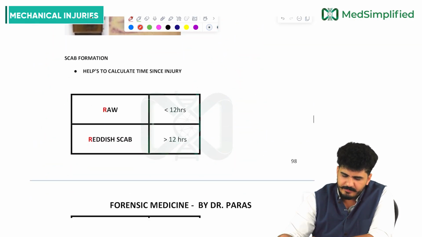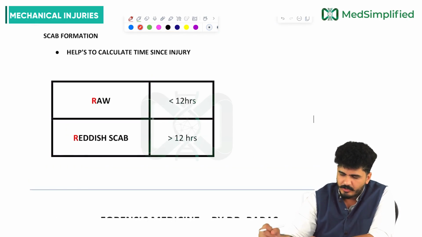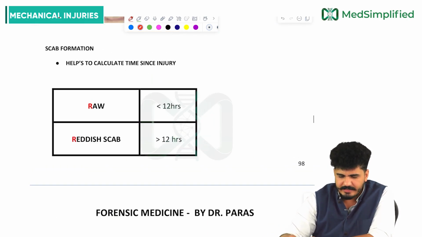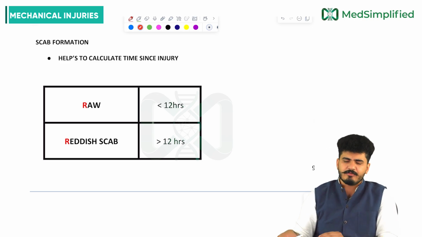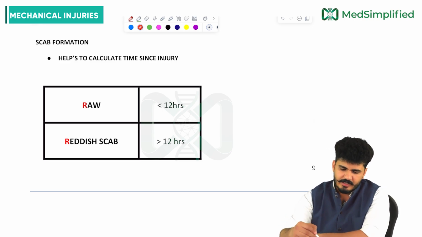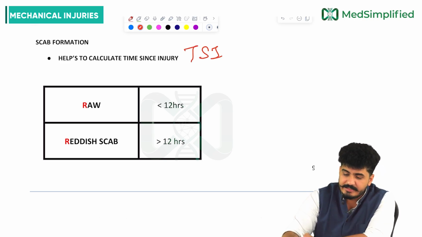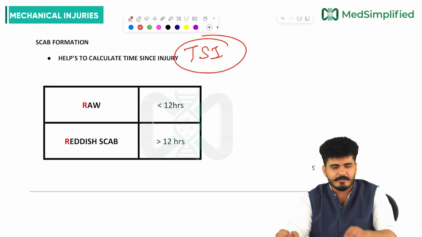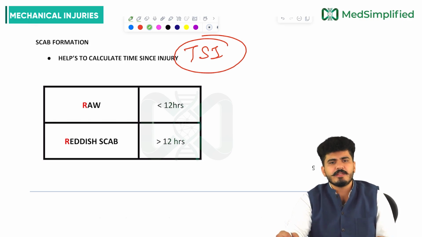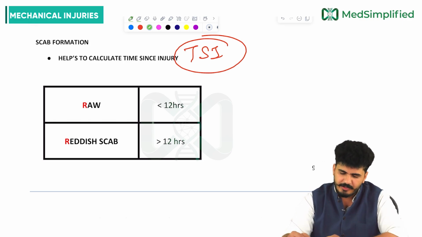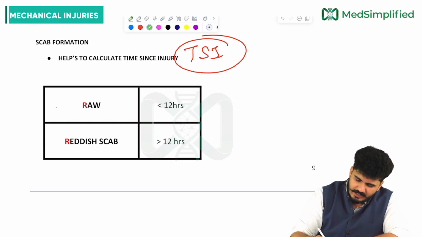Now in abrasion, there will be a scab formation. To learn the scab formation in abrasion, we have to remember these steps. It will help us to calculate the time since injury, not death, my dear friends, time since injury. So there is a very famous and special mnemonic for all of you, my dear friends.